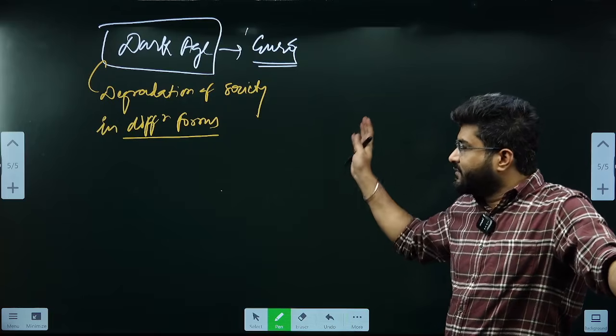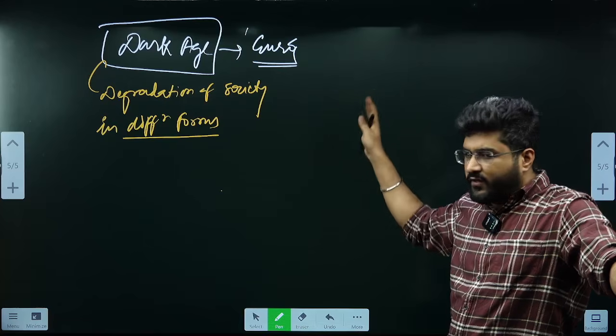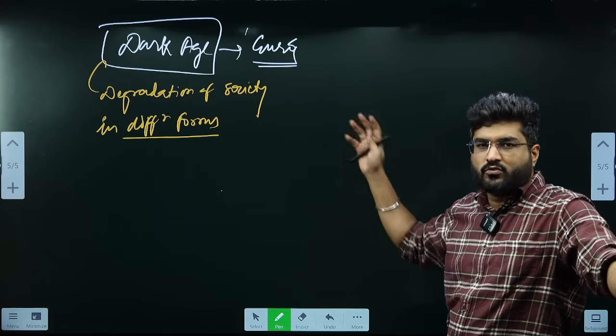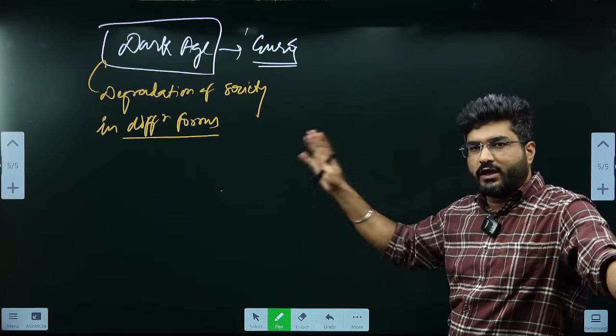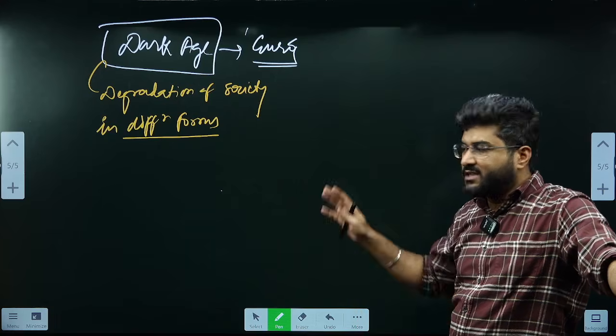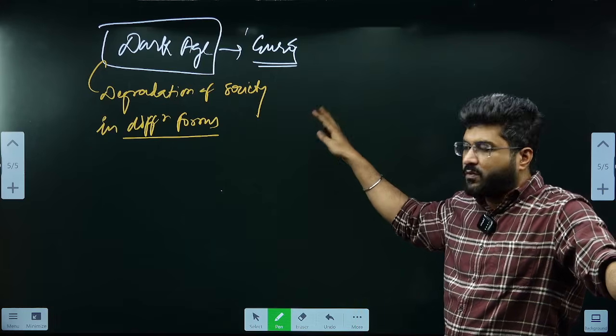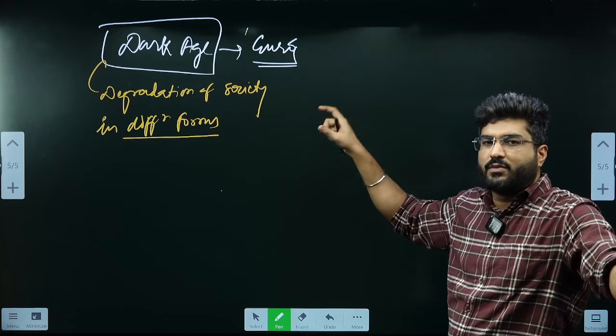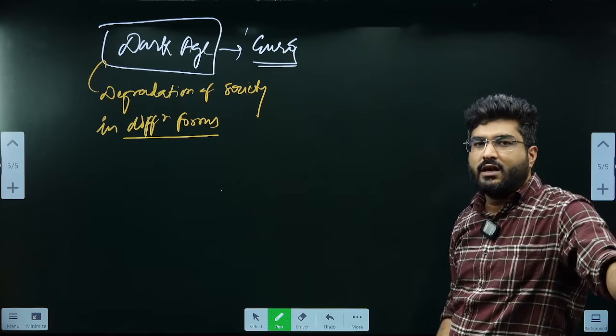So the period which is seeing a lot of degradation, no innovation, no new forms of growth, irrespective of the different forms, means there are larger problems which the social institutions, the social relationships, and the people living there have been facing.